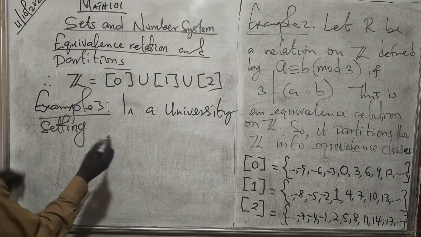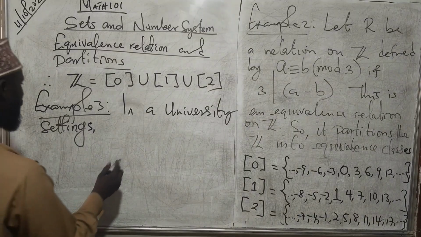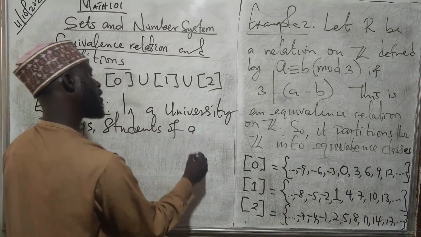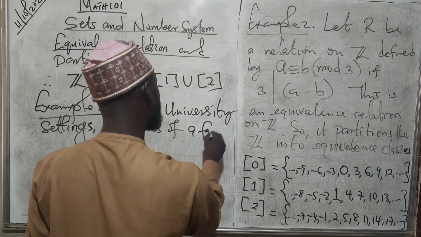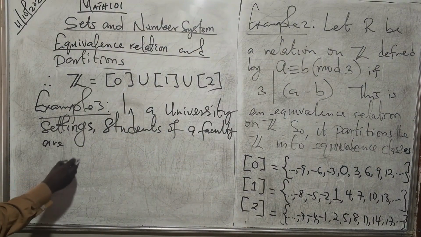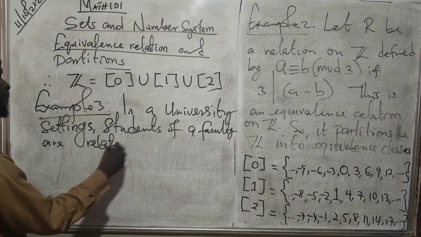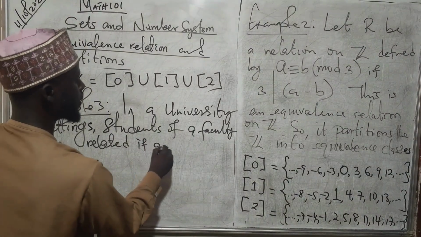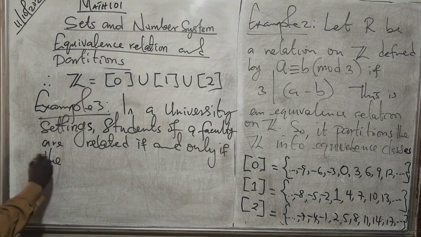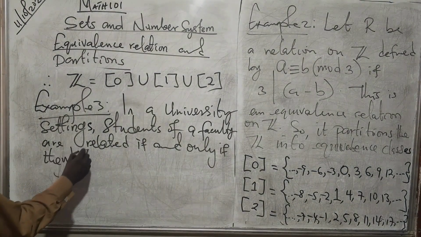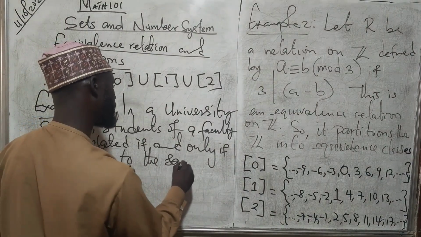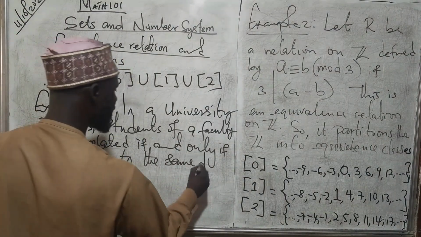So in a university setting, students of a faculty are related if and only if they belong to the same department.